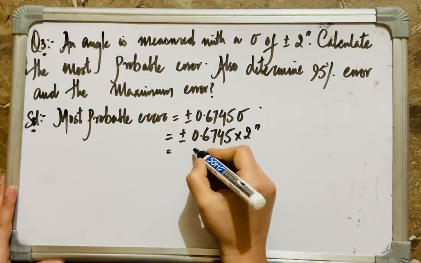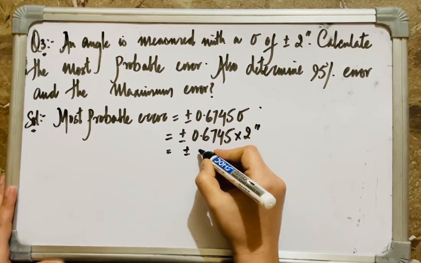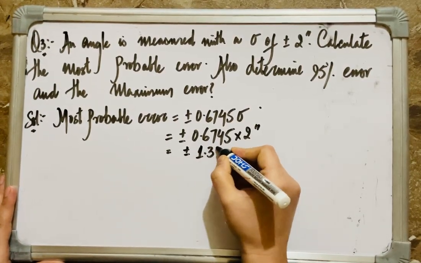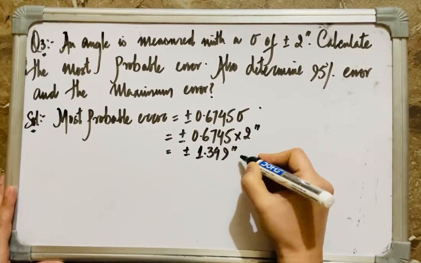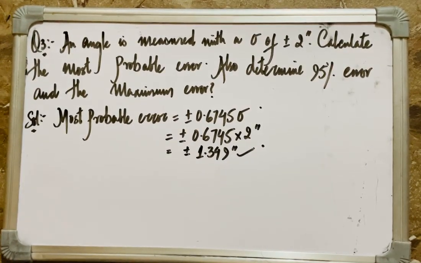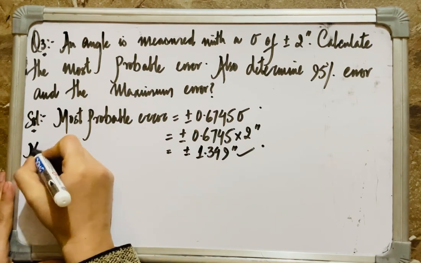So by calculations, my most probable error is plus minus 1.349 seconds. And students, I would like to reiterate this time that please do not confuse yourself with the most probable error and the most probable value.